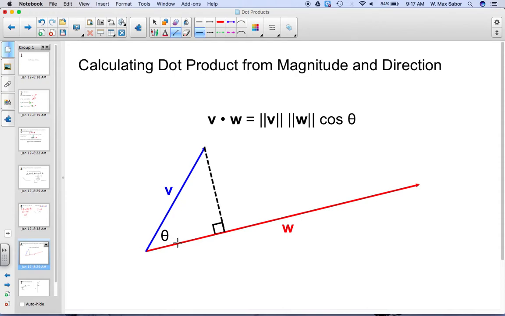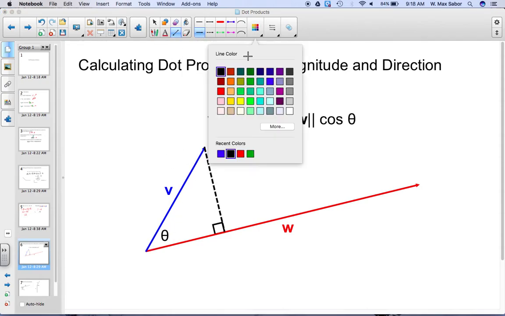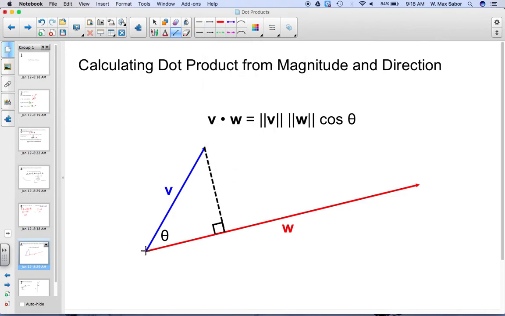You'll notice that this w doesn't have to be a horizontal vector in order for us to do this. We can still say, all right, here is the parallel component from v there. This part of the vector is parallel. So how do we calculate that part?